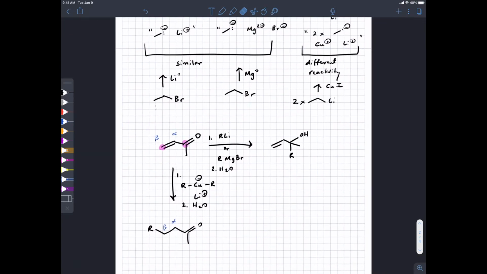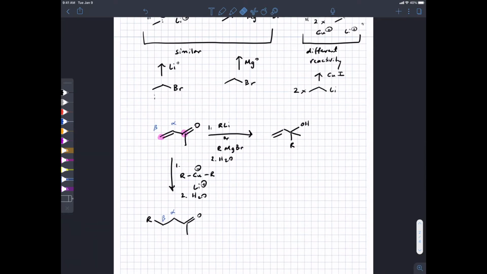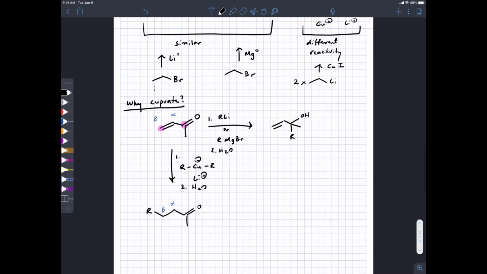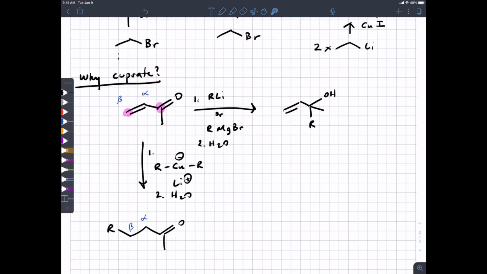There's one other thing, so we might as well talk about this now when trying to deal with why cuprates to begin with. So the idea is structural diversity. If you can take the same starting material, but with a different reagent, get 2 different structures, that gives you versatility to make lots of different things, okay?